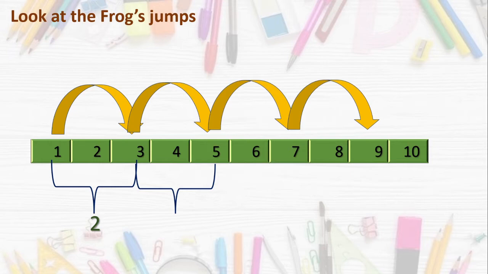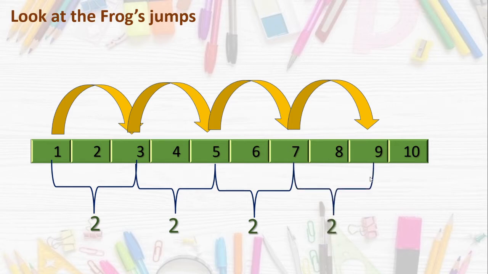What is the difference? Yes, after 3, 4 and 5 means again the difference is 2. Then from 5 to 6 to 7 means again the difference is 2. Then from 7 to 9 means again 8 is there and 9. So the difference is 2.